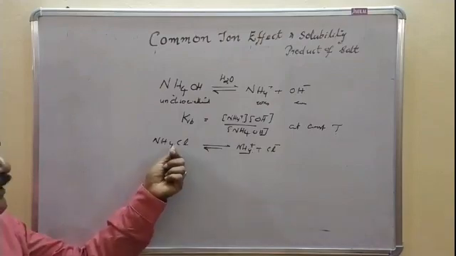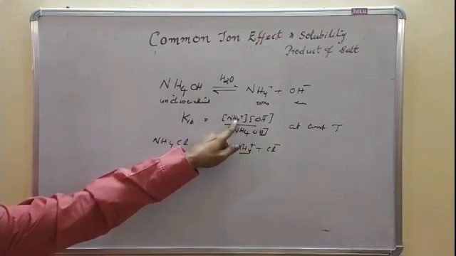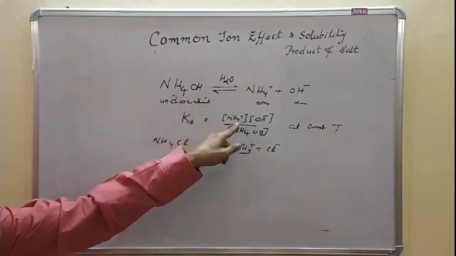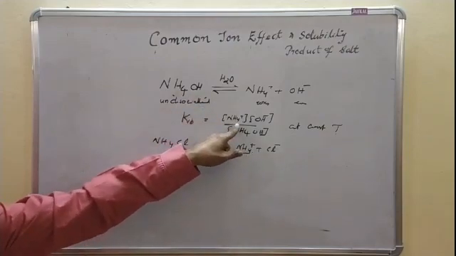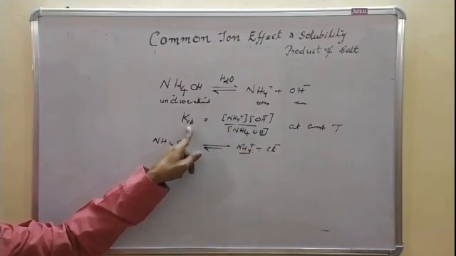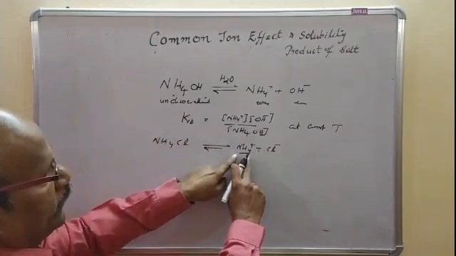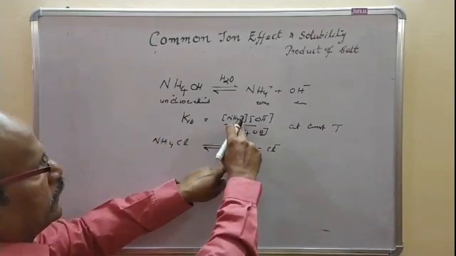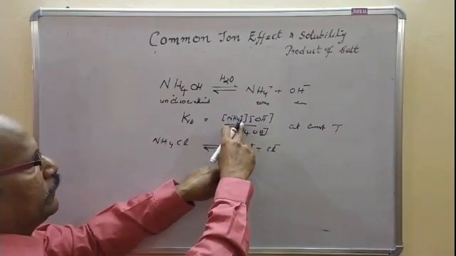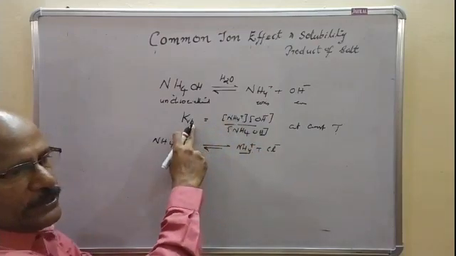So the concentration of ammonium ion increases, so that Kb tends to change. Kb is always a constant.